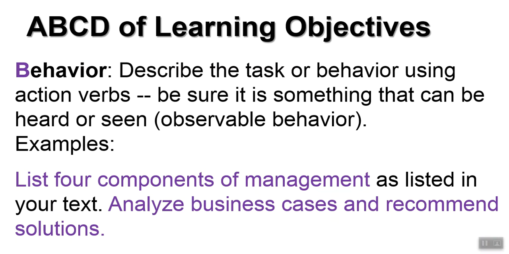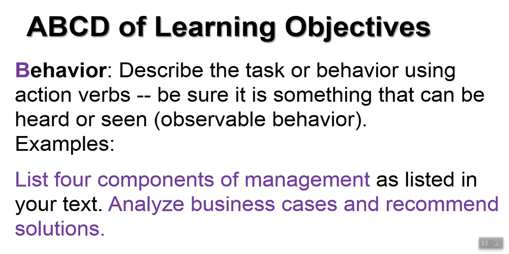For example, you can say list 4 components of management as listed in your text, or you can say analyze business cases and recommend solutions. So analyze is a verb, list is a verb, and when you say observable, it's not that they're going to analyze in their mind or list in their heart.